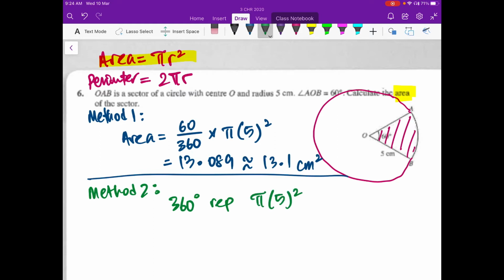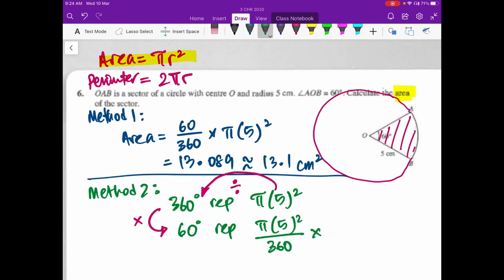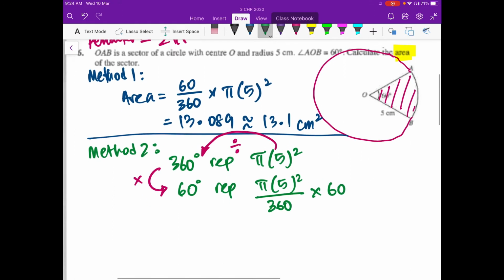I only need 60 degrees. 60 degrees will represent now divide, multiply. So pi r squared divided by 360 times 60. And you get the same answer of 13.089.